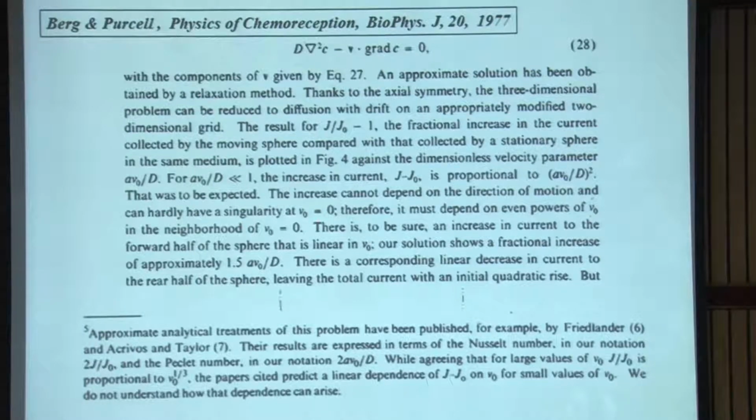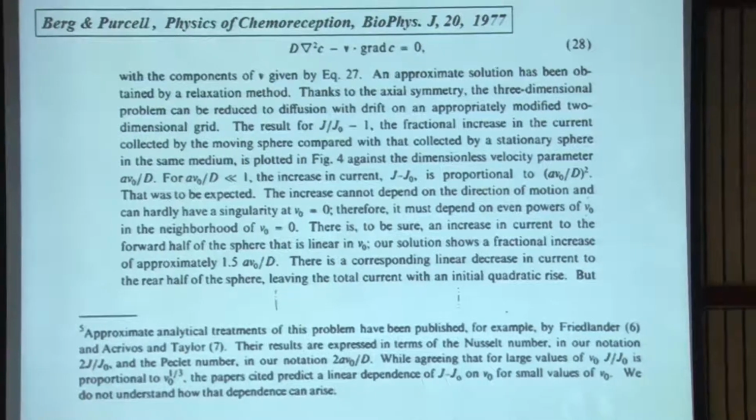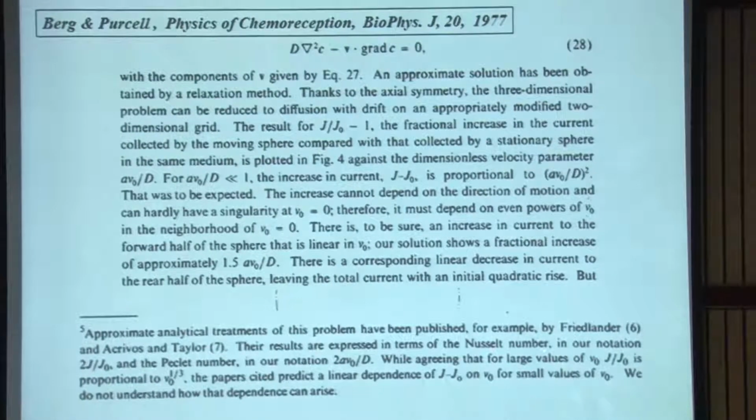Okay, and then they have a footnote: approximate analytical treatments of these problems have been published, for example, and I'm not going to talk about this, Acrivos and Taylor. The results are expressed in terms of the Nusselt number, and while agreeing for large values of Peclet, which we have not seen till now, the paper cited predicted a linear dependence of the convective transport on Peclet for small values of Peclet.